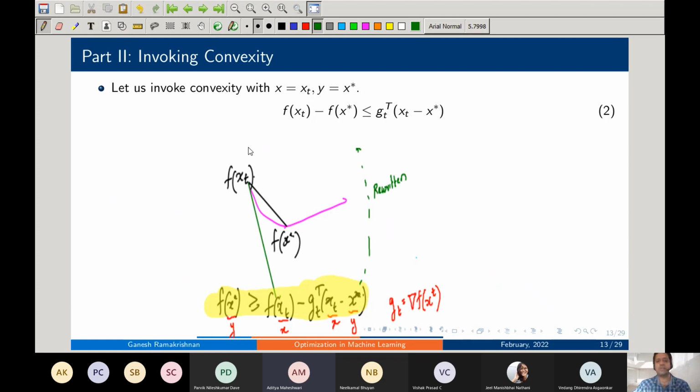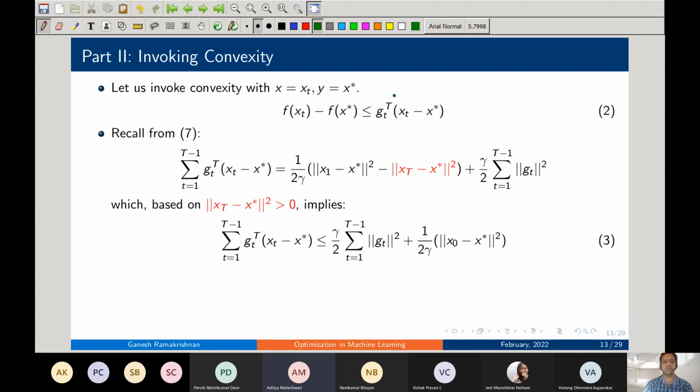Now I'll invoke convexity. This expression here in green, from the previous one, I'm going to sum over all values of t. Somehow the 7 has come up here; it's actually equation 1. Recall from expression 1 that we had this gt transpose xt minus x star, exactly the expression here, with this additional summation over t.